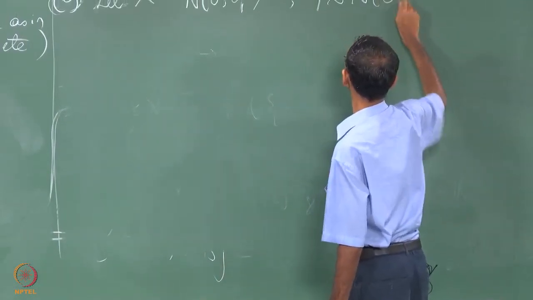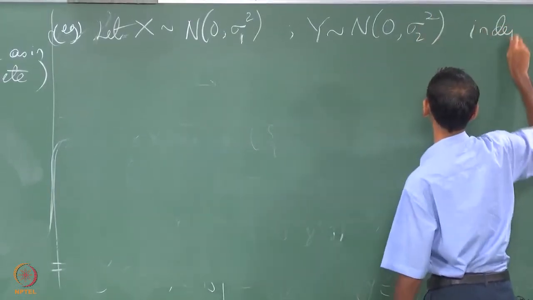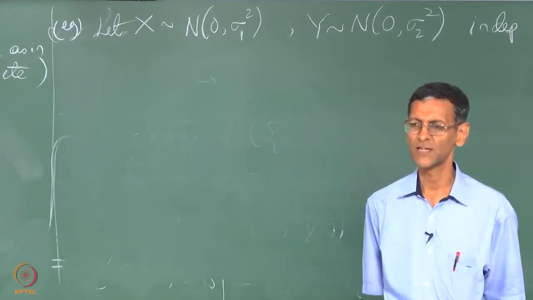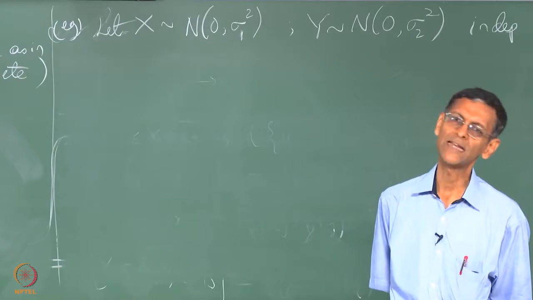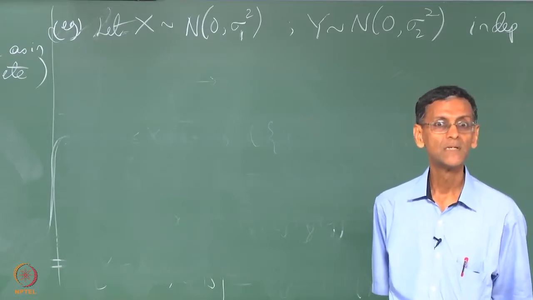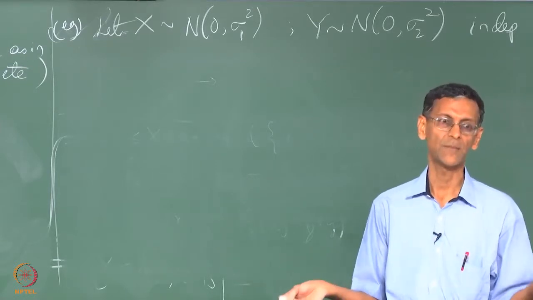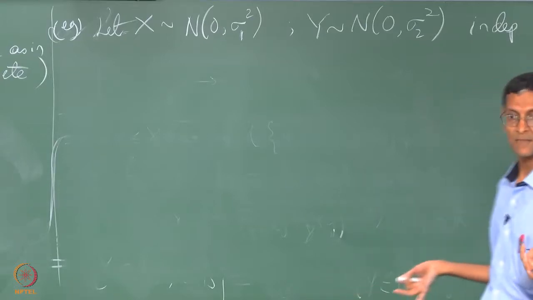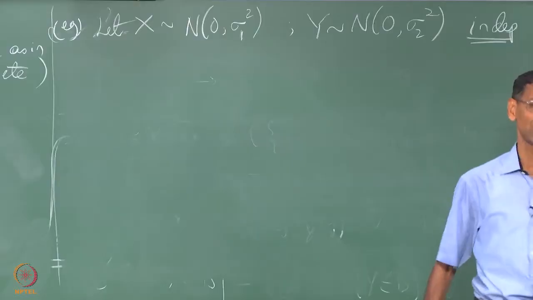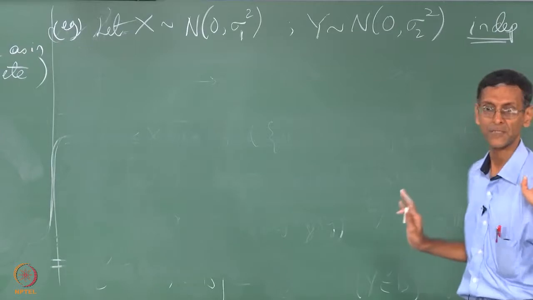Y is another Gaussian with sigma 2 squared, independent. Now I cannot call them IID because I am not saying that sigma 1 is equal to sigma 2, so obviously they are not in general IID. If sigma 1 equals sigma 2, then they become IID. Remember, IID is not only independent, also identically distributed, meaning I have to have the same PDF or PMF. But I am just saying there are two independent random variables, which obviously means they are coming from two independent sources, two independent experiments.